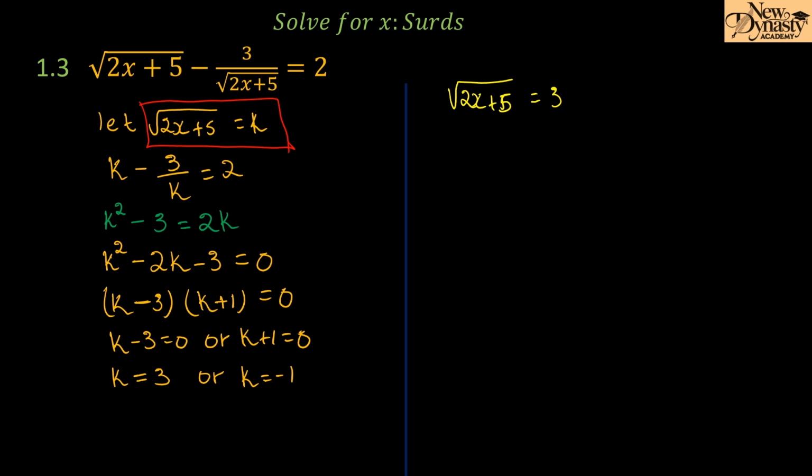For us to be able to solve for x, we need to remove the square root. And how do we do that? There's only one way for us to be able to do that, and that is to square both sides. So when you square on the left hand side, the square and the square root are going to cancel. Then you're going to be left with 2x plus 5 equals 3 squared, that is 9.